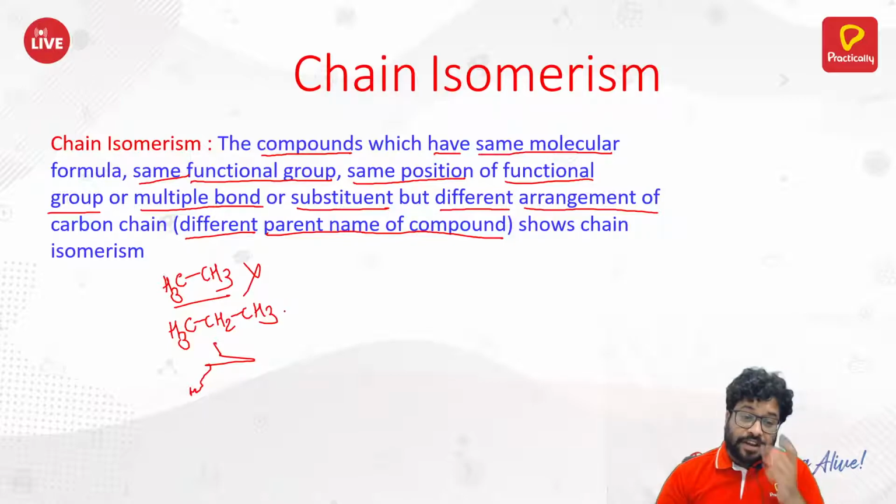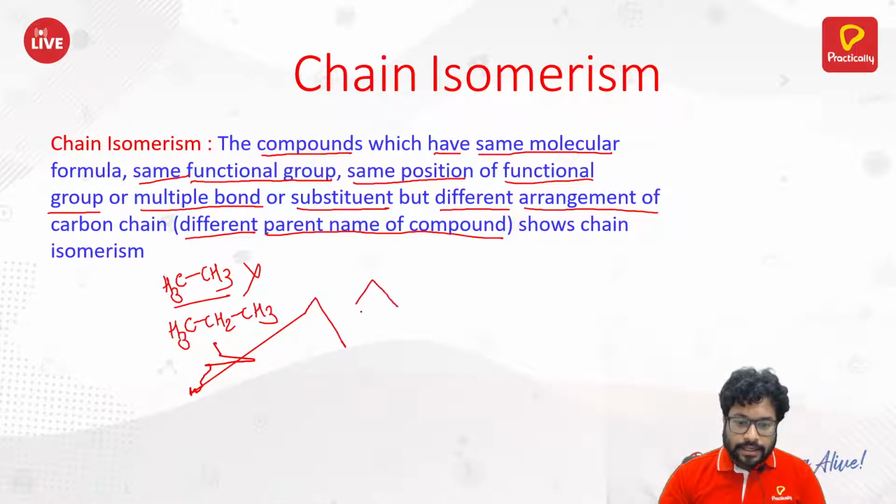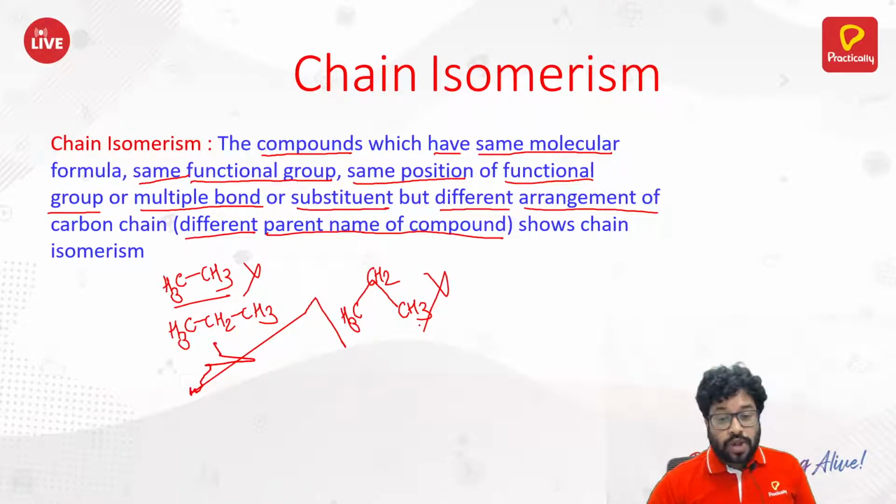Can we have a different arrangement for this? No, it can only be arranged like this: CH3, CH2, CH3. You cannot have any other arrangement, so this also cannot show chain isomerism.